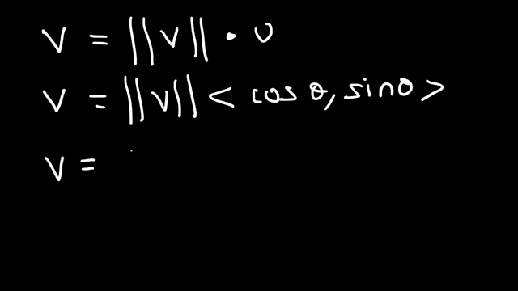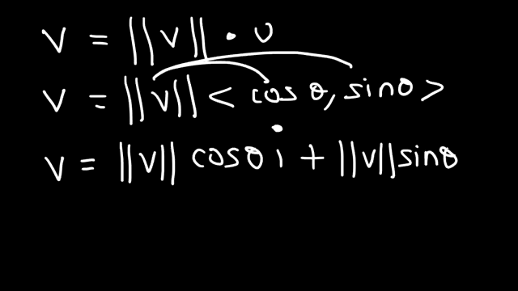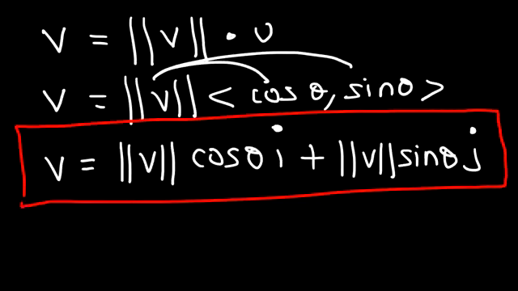So the vector v is going to be the magnitude of v times cosine, and since that's the x component, we're going to attach one of the standard unit vectors associated with the x component, that's i, and then plus when we multiply v by sine, and that's the y component, so we're going to attach a j to it. So we could find any vector if we know the magnitude and the angle. So we can express it as the sum of the standard unit vectors i, j, and if we want to, k as well.